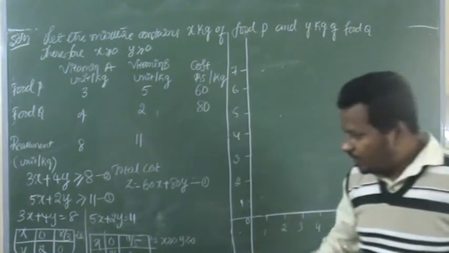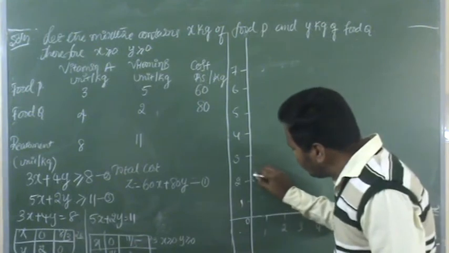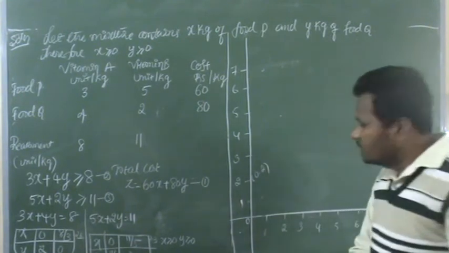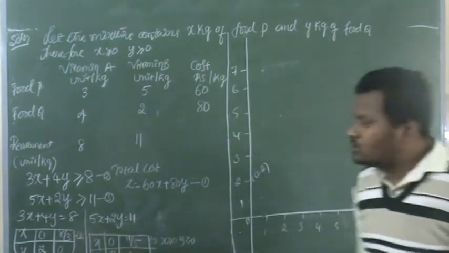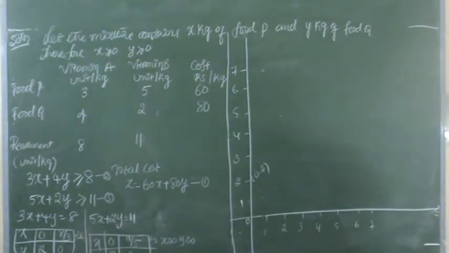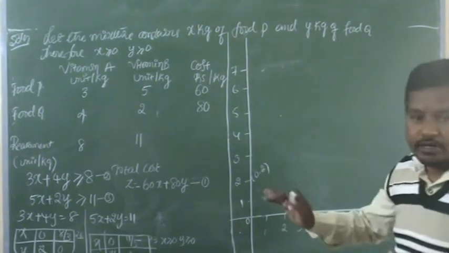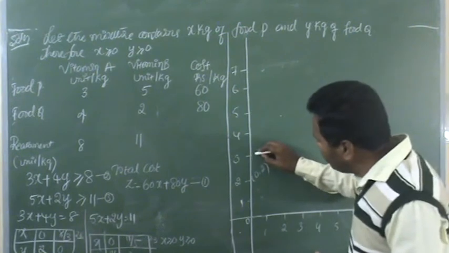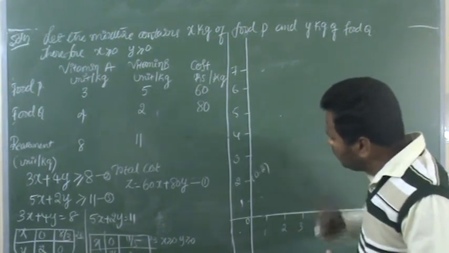Now, when x is equals to 0, the y value is 2. This is 0 comma 2. And when y is equals to 0, the x value is 8 by 3. 8 by 3 means approximately 2.6.